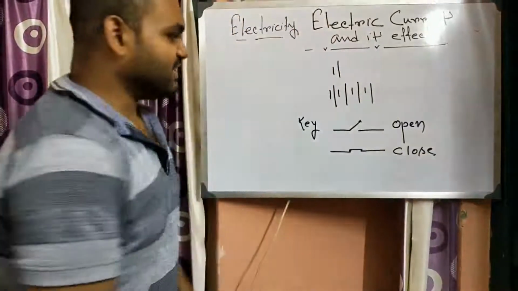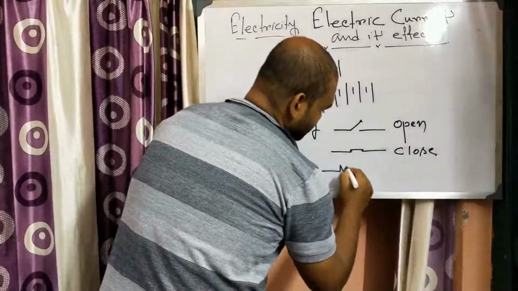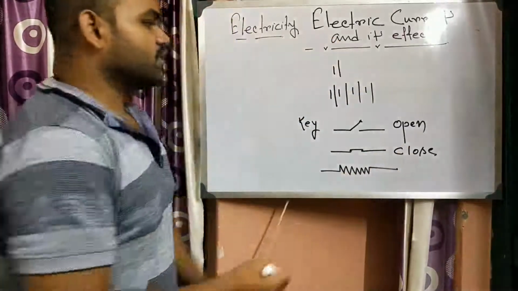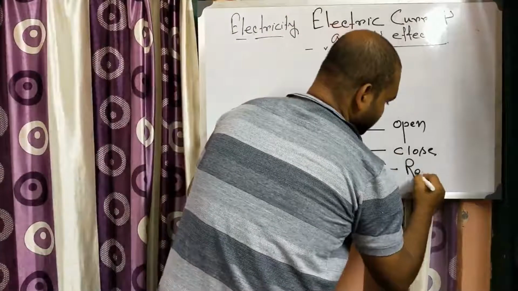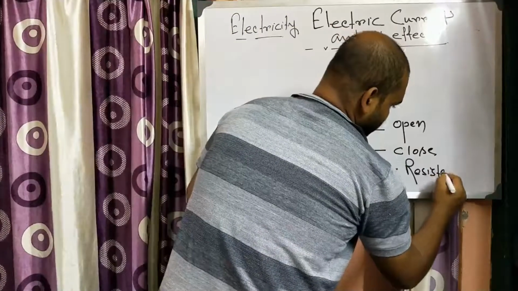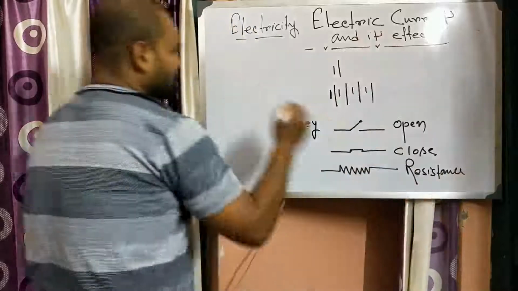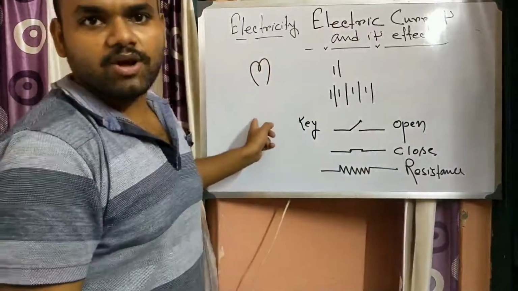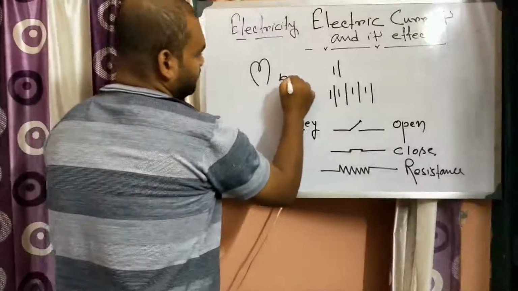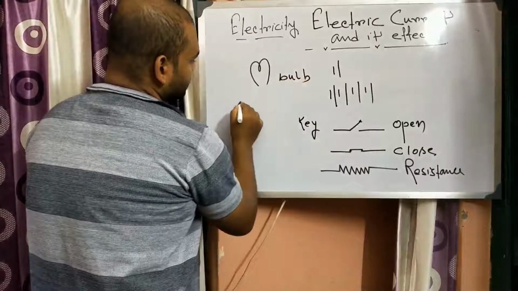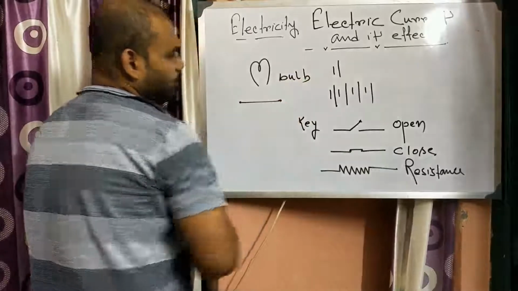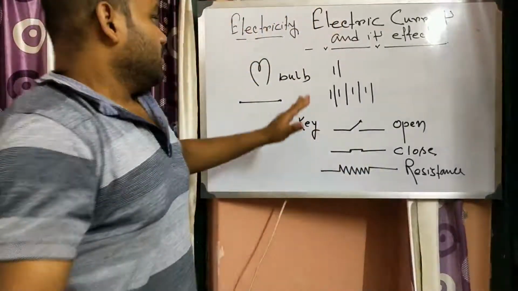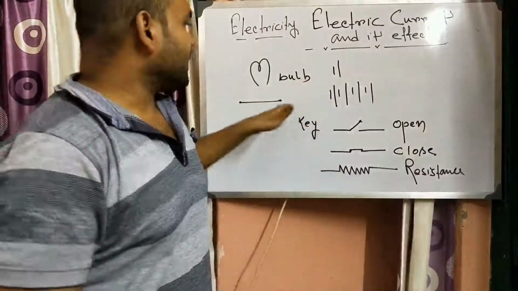The symbol of resistance is like this. In case of a bulb, the symbol is like this. And this is the symbol of a wire, the conducting path.